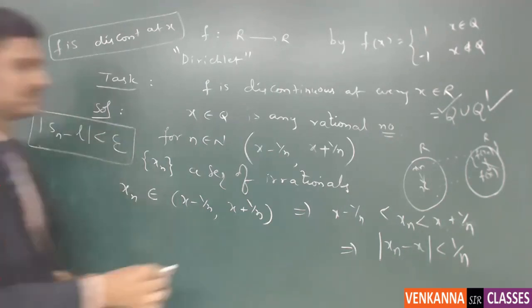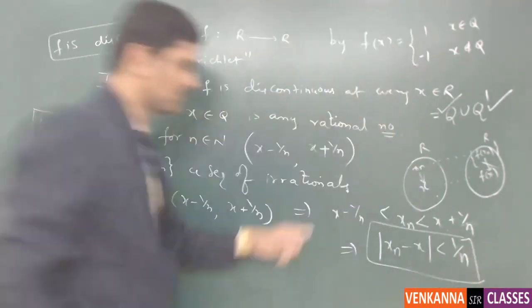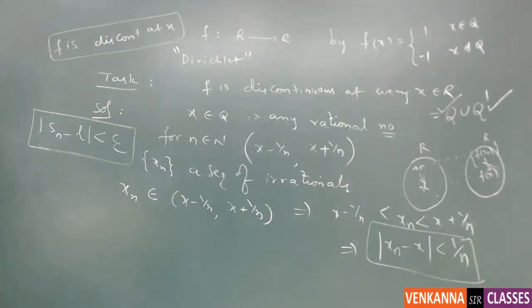This and this are somewhat similar. Agreed? So here the sequence is xn, the limit is nothing but x, and the epsilon value is nothing but 1 by n. Fine? Yes or no?